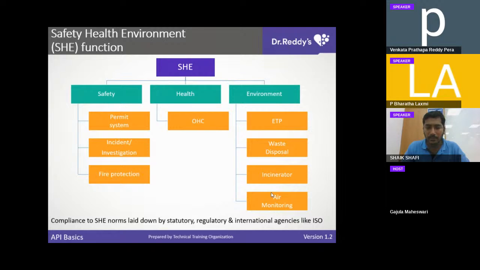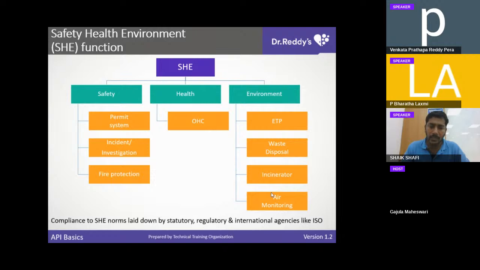Again, health: we have an occupational health center. If there are any issues with respect to illness, employees can go there and get checked. Again, environment: there is an effluent treatment plant for the wastewater generated from the process, and a waste disposal mechanism.